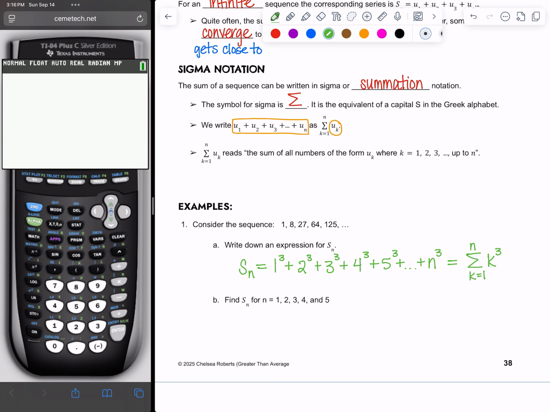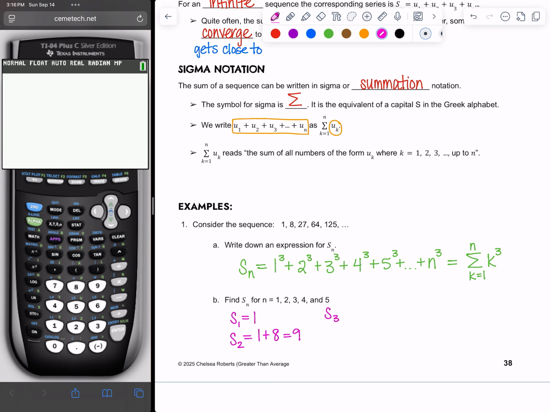Now for part B, it says find the sum for n is equal to 1, 2, 3, 4, and 5. So when I say add up those terms, all I want to do is add up the first term for S1. So my first term, the sum is going to be 1. If I add up my first two terms, that's going to be 1 plus 8, which is equal to 9.